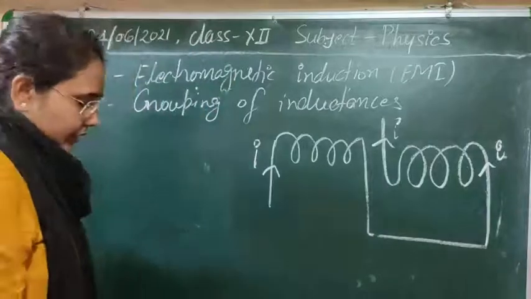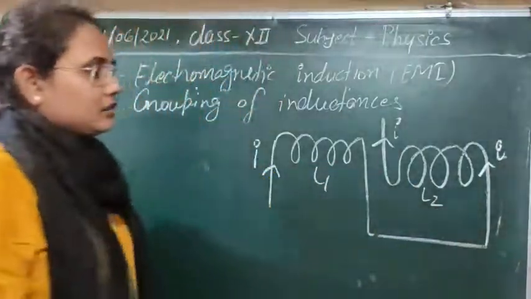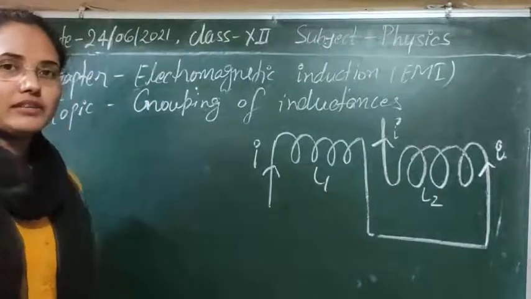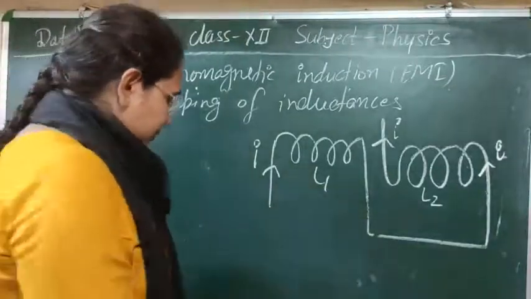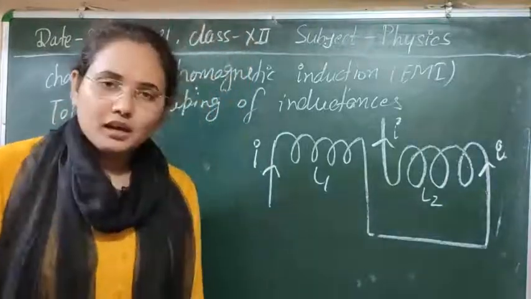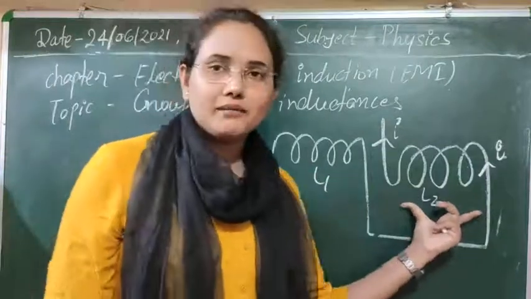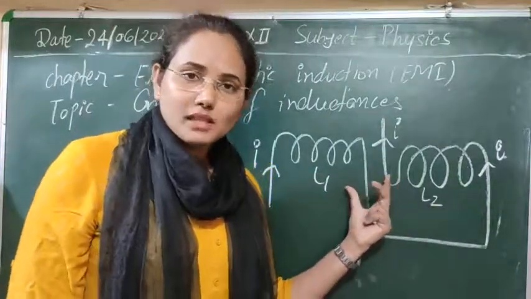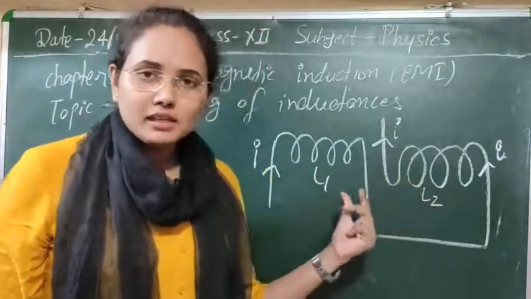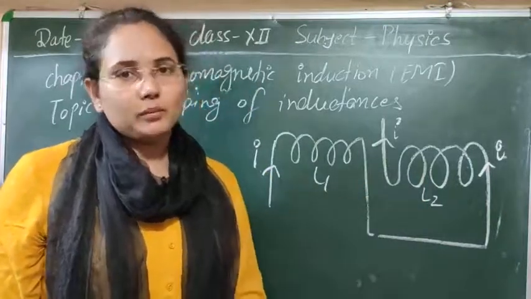Again, L1 is the self-inductance value of this one, and L2 is the self-inductance value of this one. Again the induced EMF in both of the coils will be different, and also if these two coils are put at a sufficiently small distance, then they will produce mutual induction phenomena also.